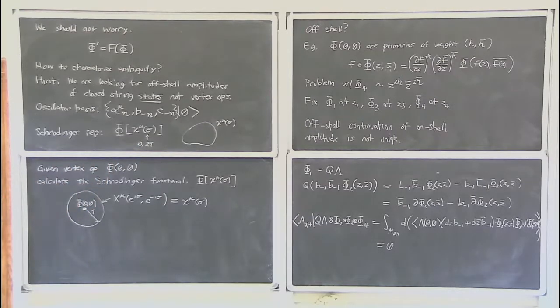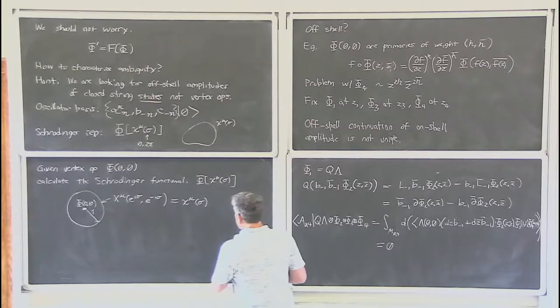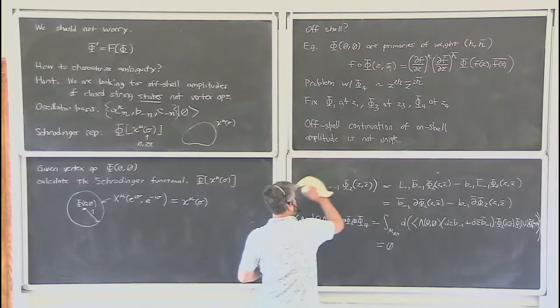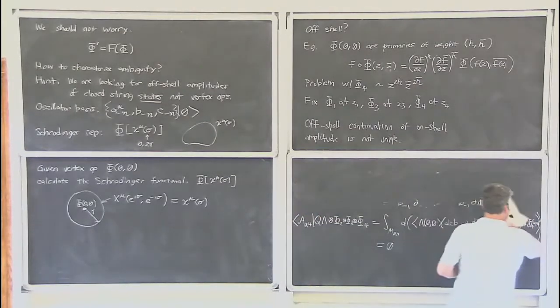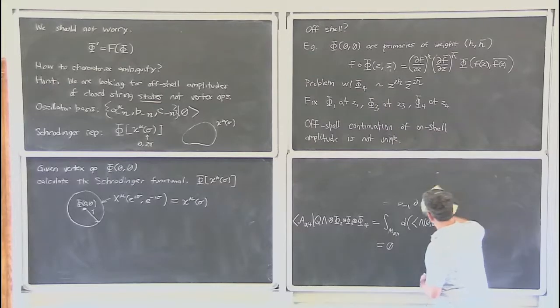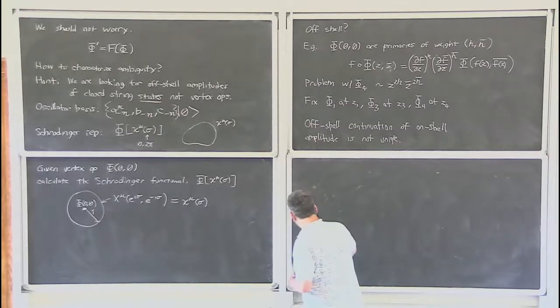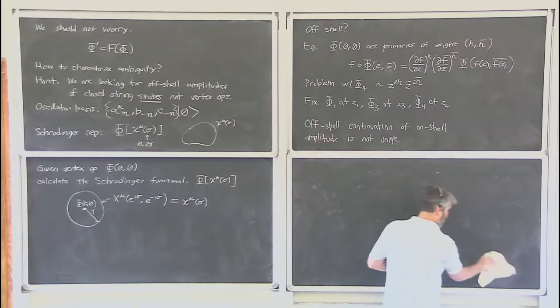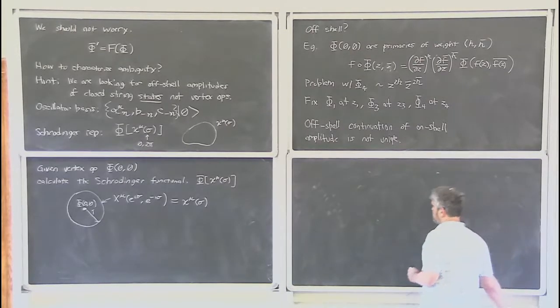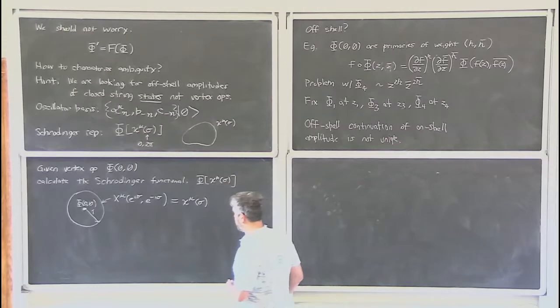And then you can try to find your vertex operator. It's pretty clear that in general the notion of vertex operator will be a little bit problematic, at least as you normally think about it.